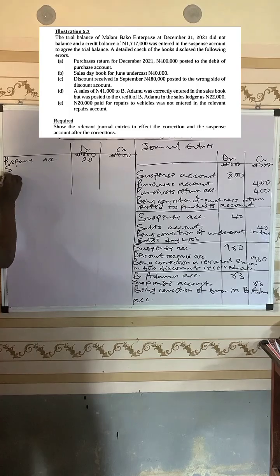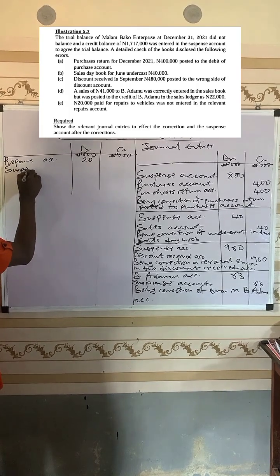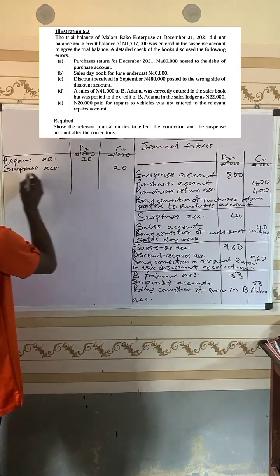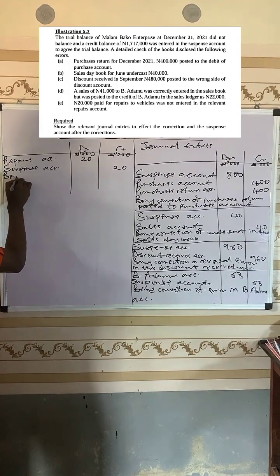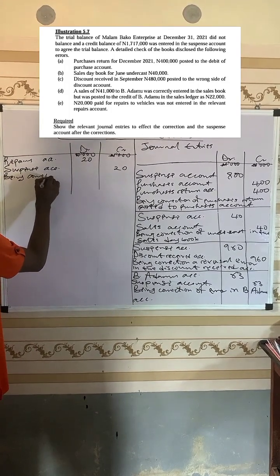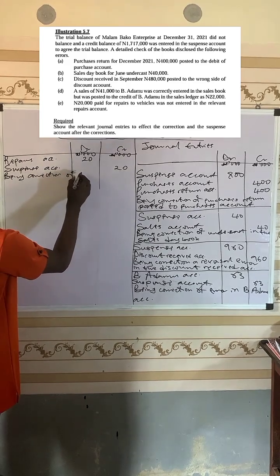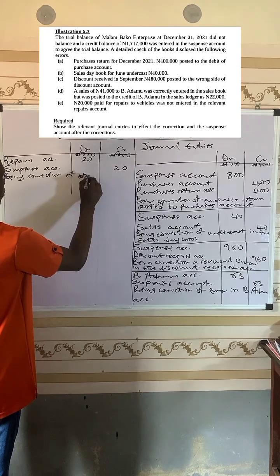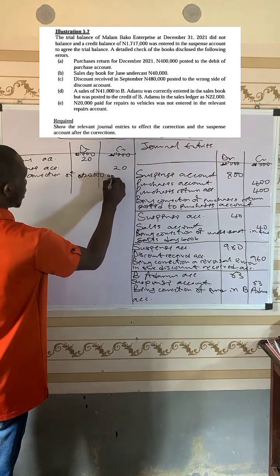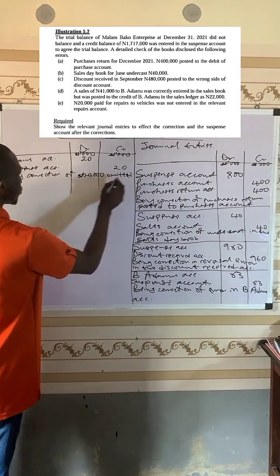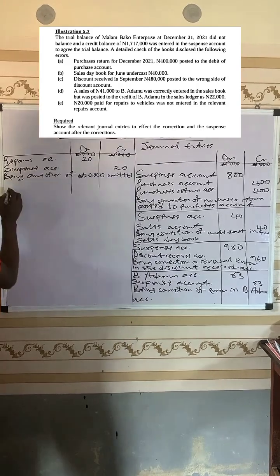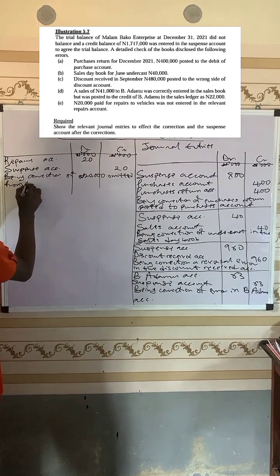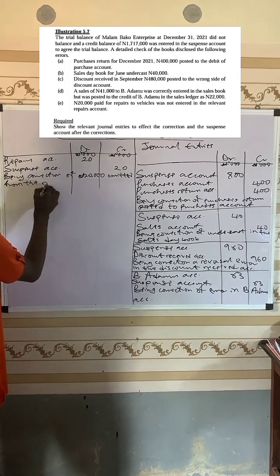And the suspense account will be credited 20,000. Doing correction of 20,000 omitted from the repairs account.